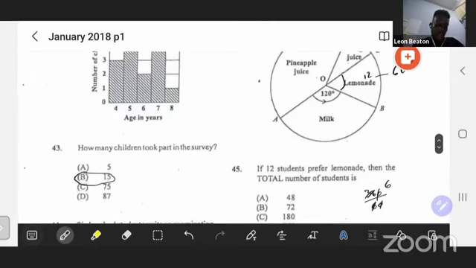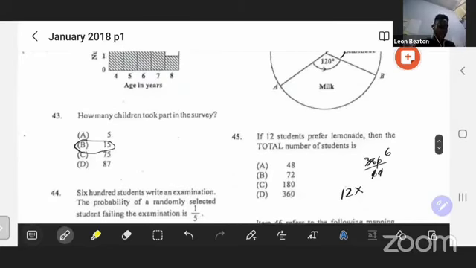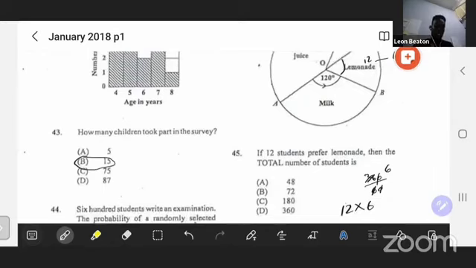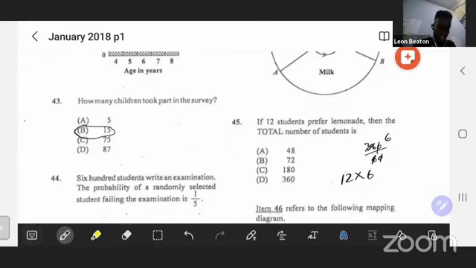So the total number of students is just 12 multiplied by 6. 12 times 6 will give you 72, if my math is correct. That is B.